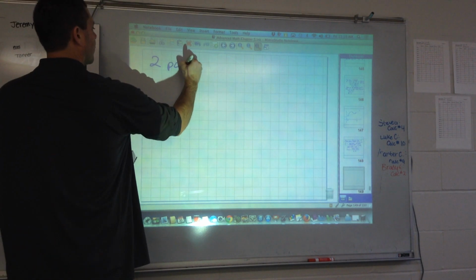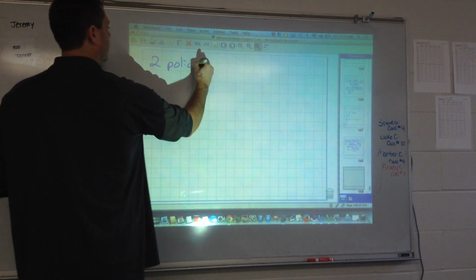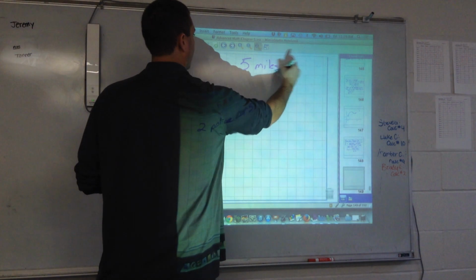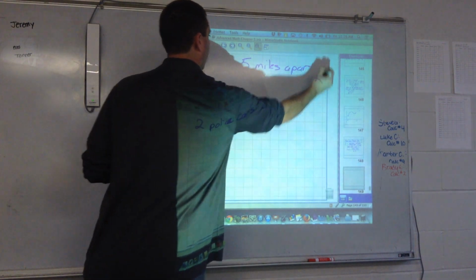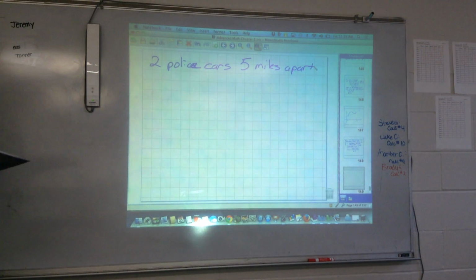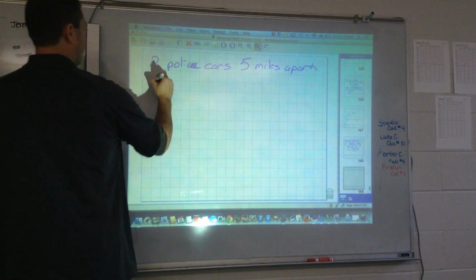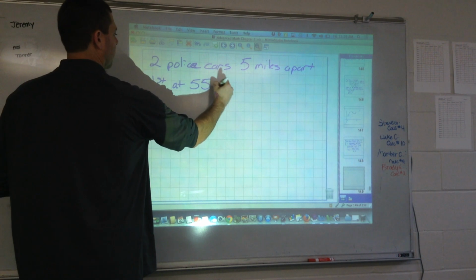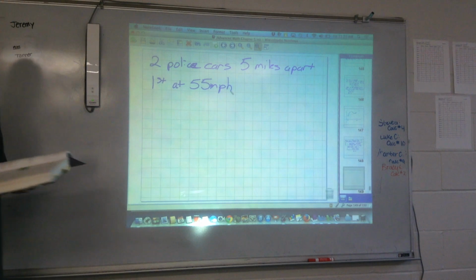We got 2 police cars, it's never a good situation, 5 miles apart. As the truck goes past the first patrol car, it was clocked going 55 miles per hour.